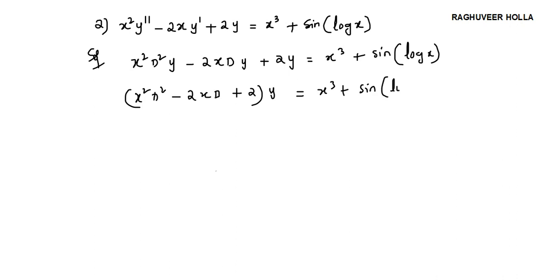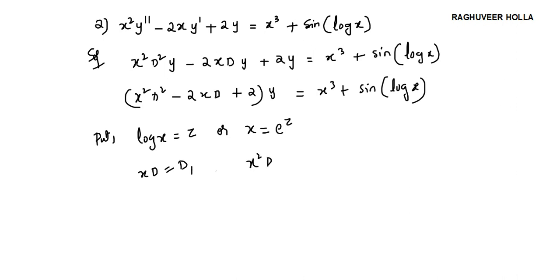Now let's put log x as z, or x is equal to e to the power of z, and xd as d1, and x square d square as d1 into d1 minus 1, right.